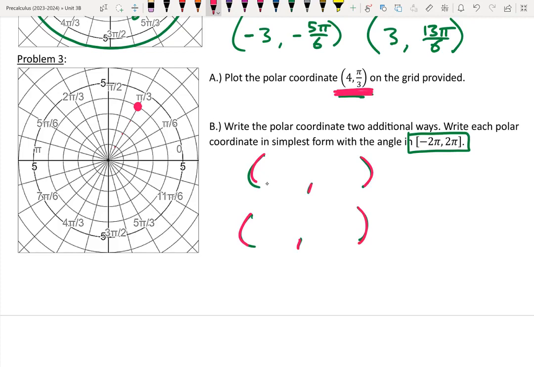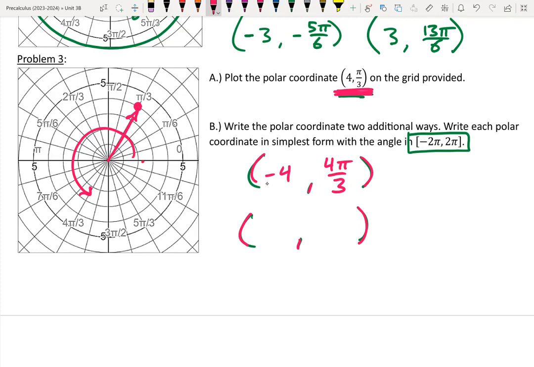Ellie, did you come up with another way that that point could be written? 4 pi over 3. Okay, so 4 pi over 3, and then -4. Good. So -4 at 4 pi over 3, that would definitely work. So 4 pi over 3 is here, and then we go in the opposite direction. There we go. Good. Jathan, did you come up with another way?